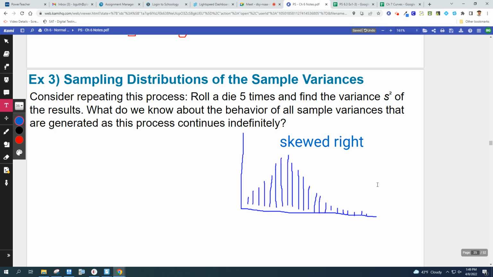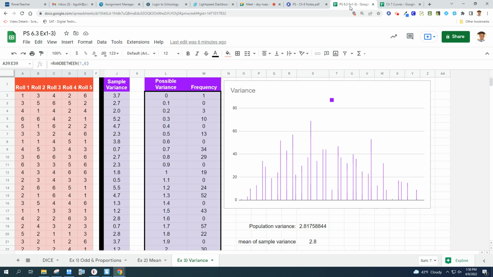All right, so what else do we know? Well, we look at the numbers. What I want to do is calculate the population variance, which is basically the variance of all of the numbers. Remember, the difference between population and sample: population is everything, sample is just some of the numbers.